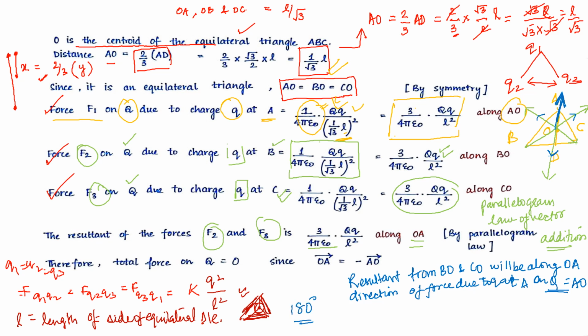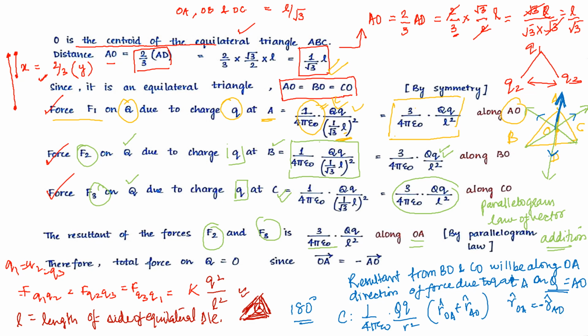So using the vector law of addition again, the Coulomb's force will become 1 by 4 pi epsilon naught into capital Q small q by r square, and then we have the unit vector along OA plus the unit vector along AO. Now the unit vector along AO equals the unit vector along OA in the minus format.